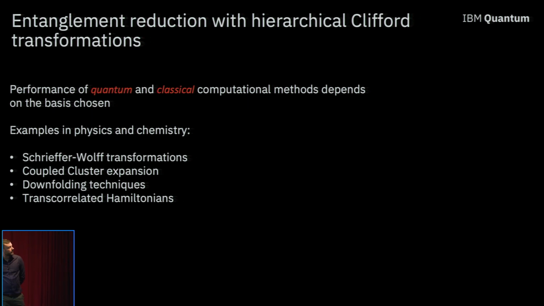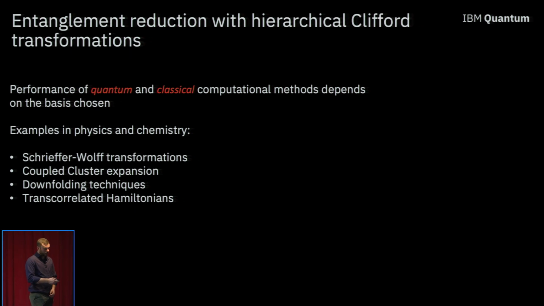So we know that the performance of both quantum and classical computational methods depends heavily on the basis that we choose to address that problem, and there is a variety of classical techniques that we can use to massage our quantum problem into a basis in which that problem will be more easily addressed by classical techniques and also quantum techniques.